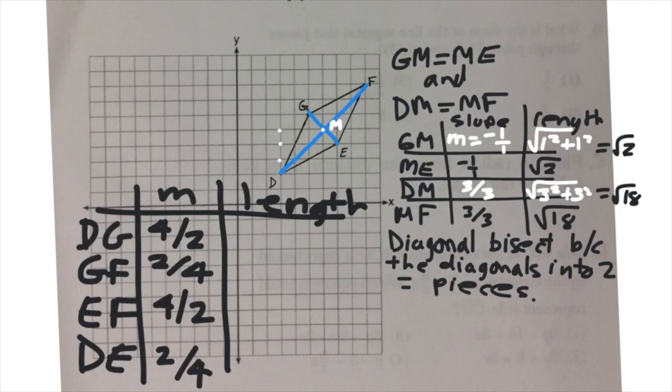Because all of those numbers are exactly the same, when I calculate the length, it's going to be exactly the same calculation for all four pieces. So the square root of 4 squared plus 2 squared would be 16 plus 4, which is radical 20.